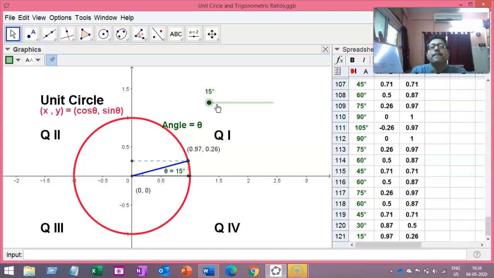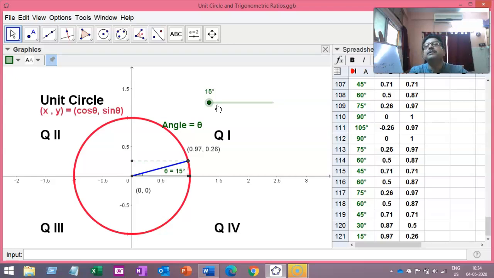Here you must know the concept of positive and negative angles. The slider, I have kept in such a manner that it can give you positive angles only. Automatically the question will arise, what will happen if we take negative values? That can be explained in a similar manner.